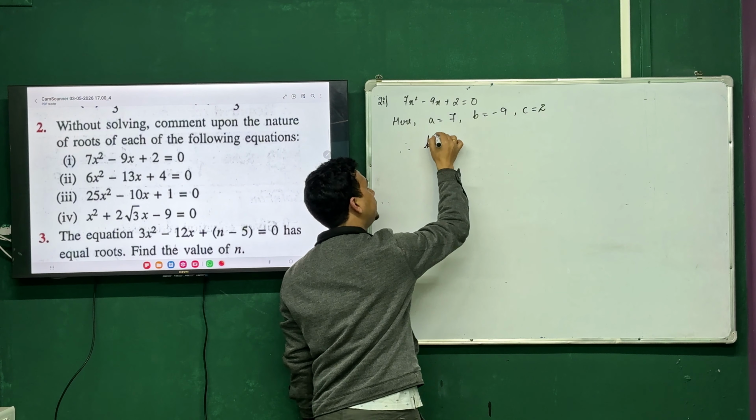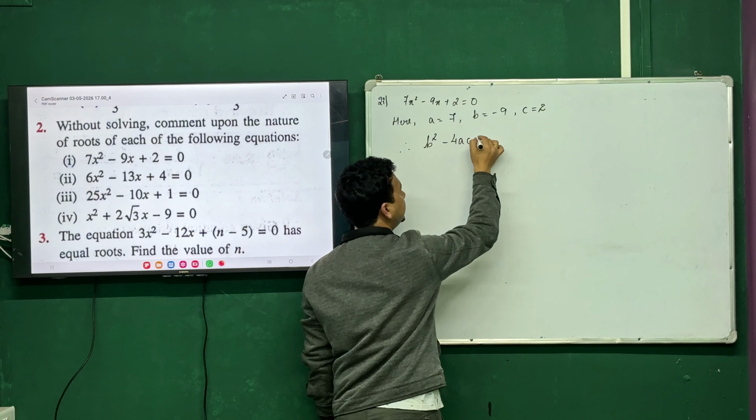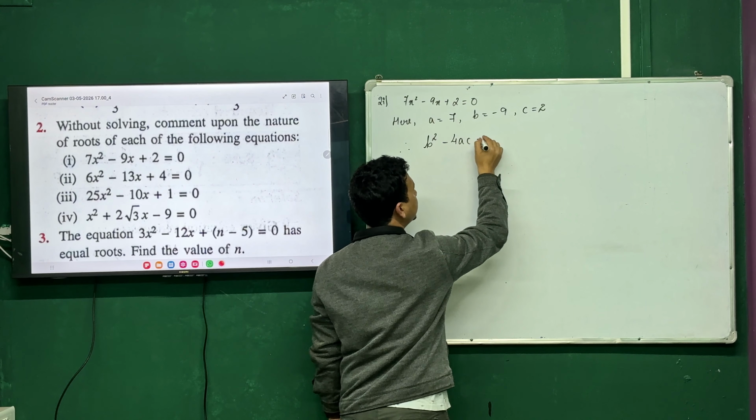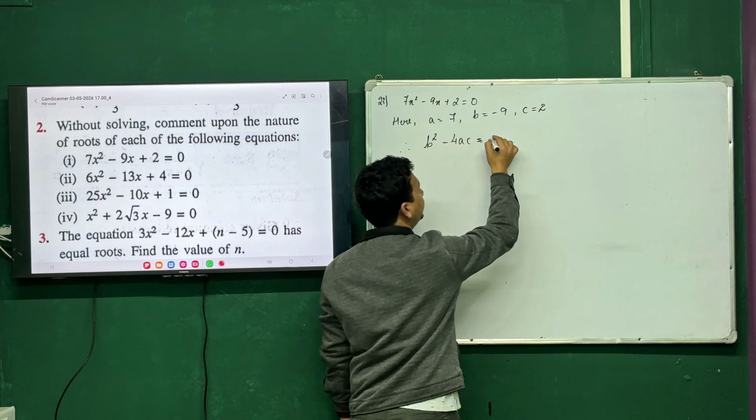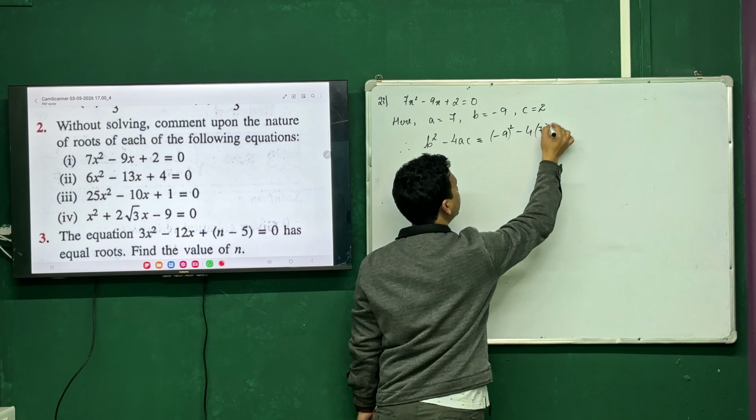So what do we find? We basically find the under root value. That is b square minus 4ac. Right? Let's see how much this is. So b is minus 9, whole thing square, minus 4ac.